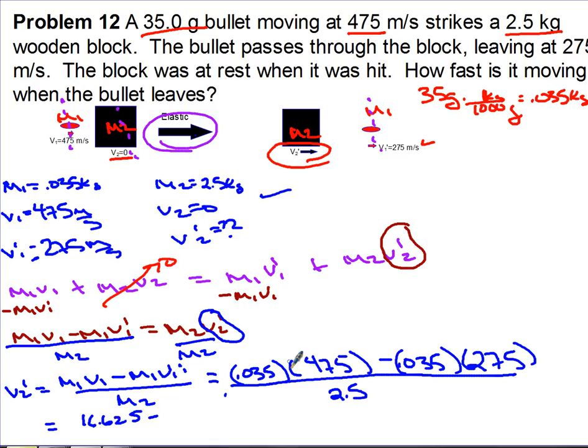We're going to subtract 0.035 times 275, which is 9.625. And then we're going to keep dividing through by 2.5. 16.625 minus 9.625 is 7.